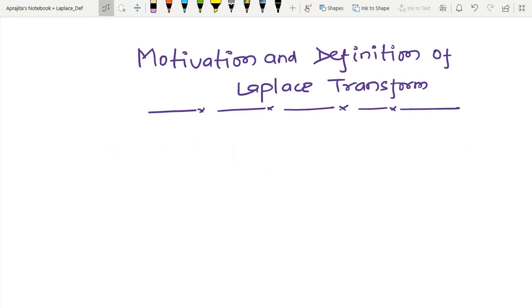Hello everyone. As we learned in the first part of this course, the step response is obtained by the sudden application of a DC source.